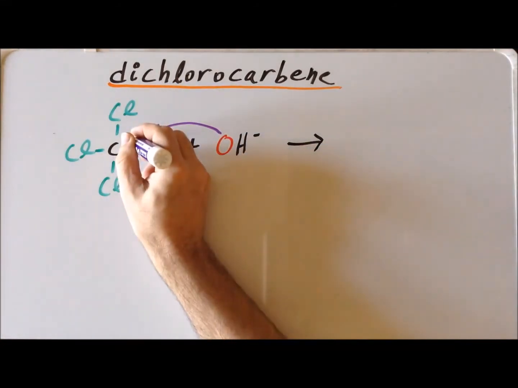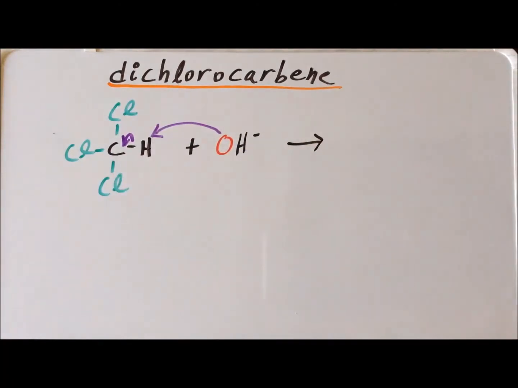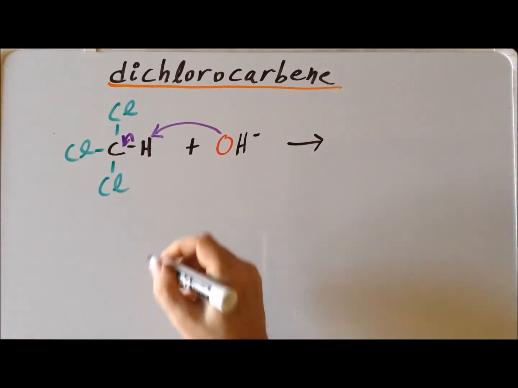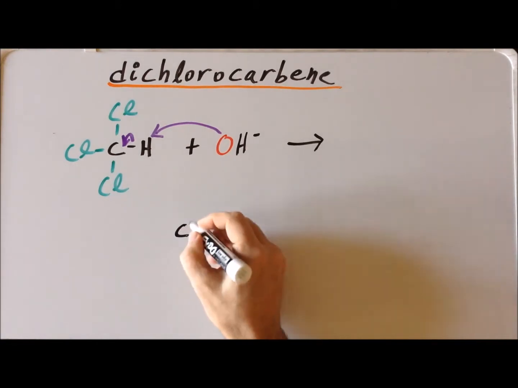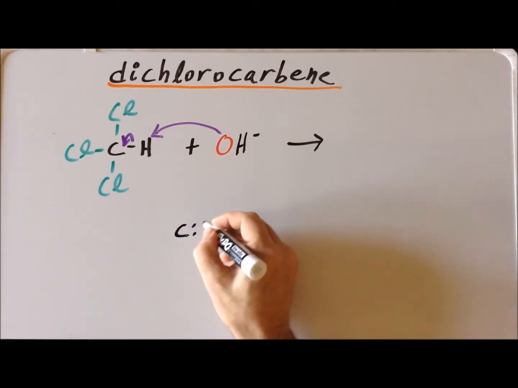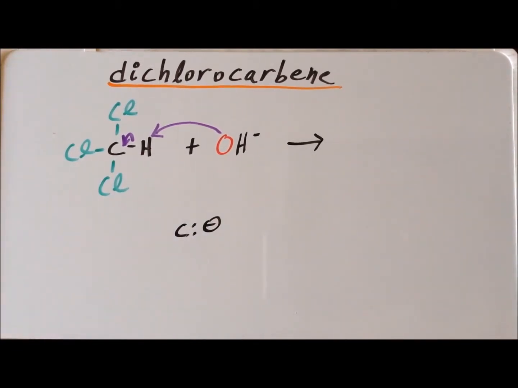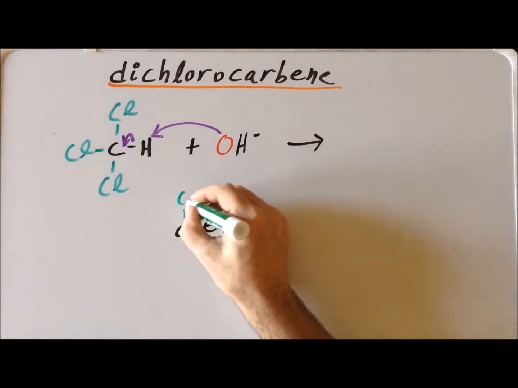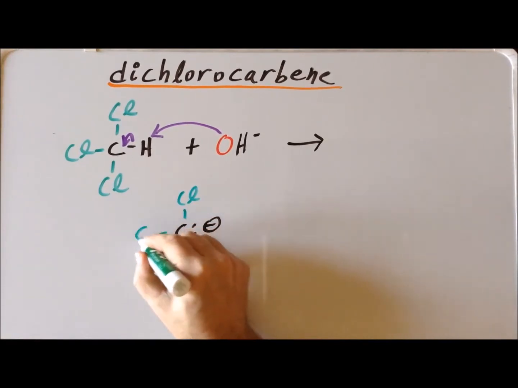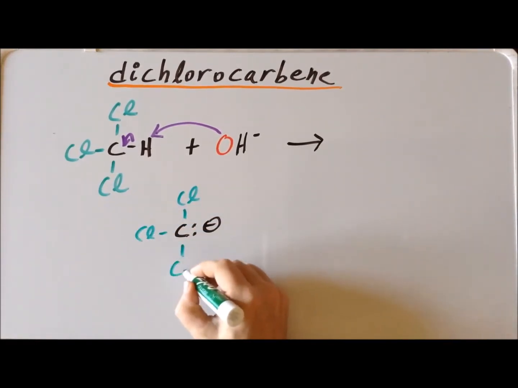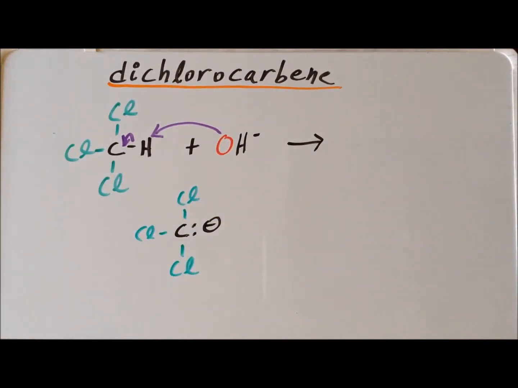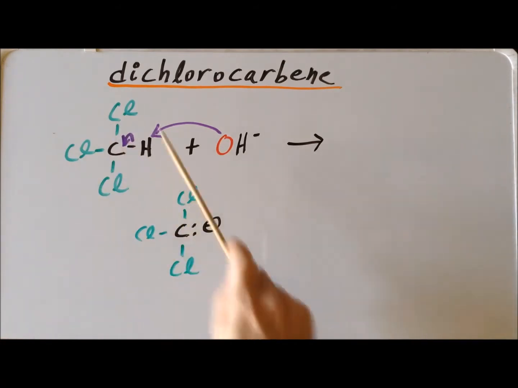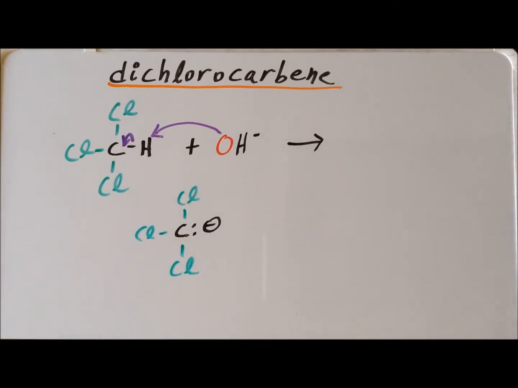This bond breaks, and we're left with the following ion, the trichloromethanide ion. This is the conjugate base of chloroform acting as an acid.